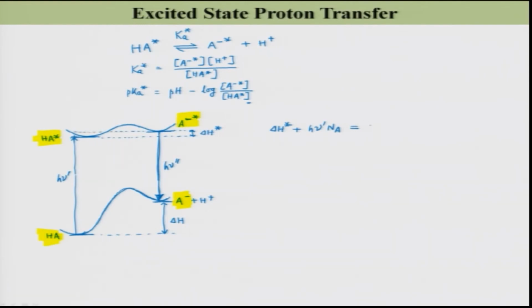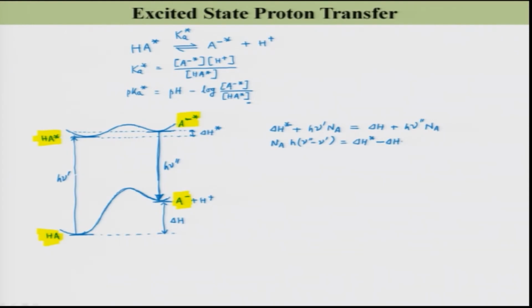So, this will be equal to delta H plus h nu double prime into Avogadro number. I can write this. So, now let me rearrange: Na h, nu double prime minus nu prime, is equal to delta H star minus delta H.